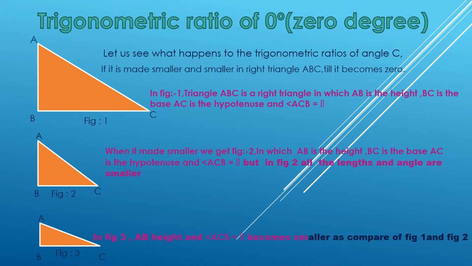In figure 1, suppose theta is 30 degree, and in figure 2, angle ACB is smaller than in figure 1. Suppose that one is 30, then this is 15 degree. And similarly in figure 3, angle ACB is theta degree, which is smaller than in figure 1 and figure 2.